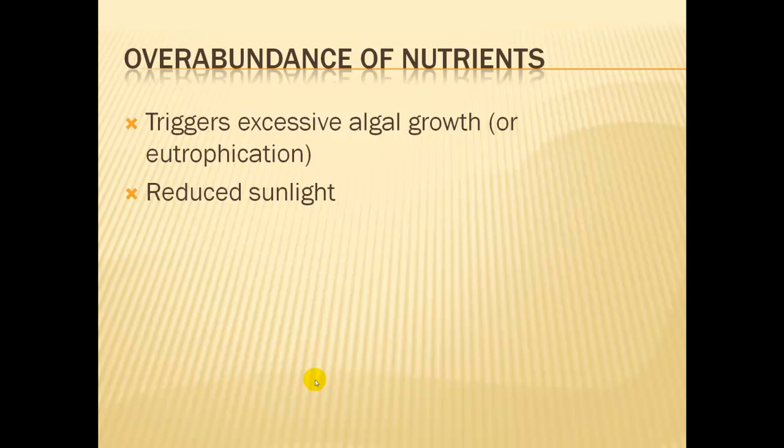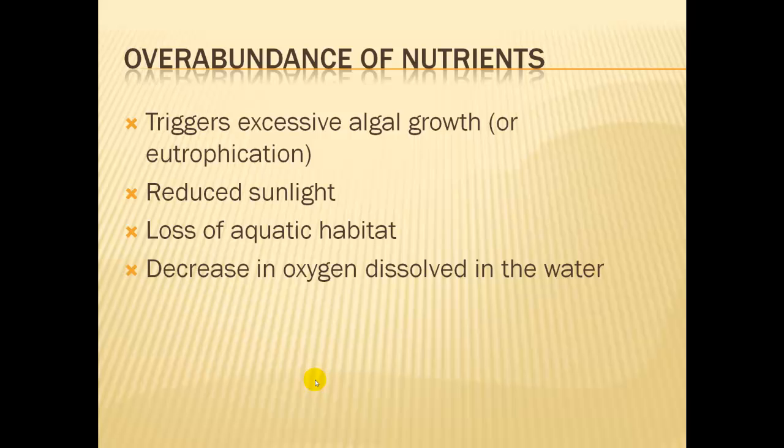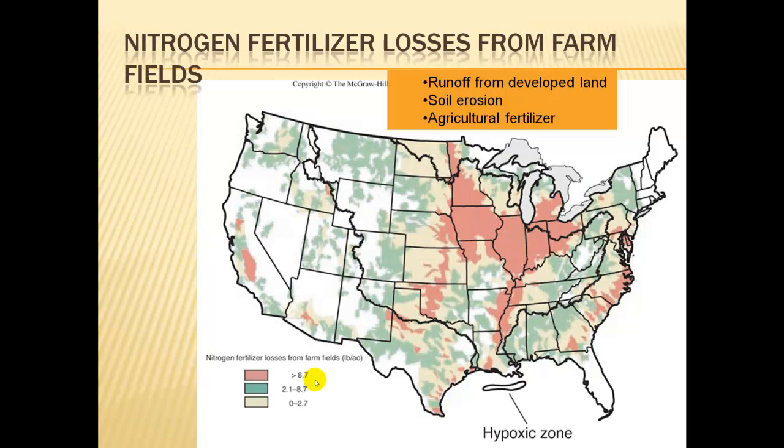And when that sunlight is gone, a lot of organisms that rely on sunlight to produce their own energy can't get it. Not only that, the algae and the organisms surrounding them are consuming a lot of the oxygen. That means you have a loss of aquatic habitat, and you have a decrease in the dissolved oxygen in the water. This leads to a condition called hypoxia.